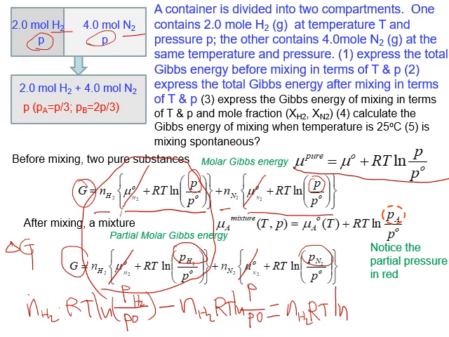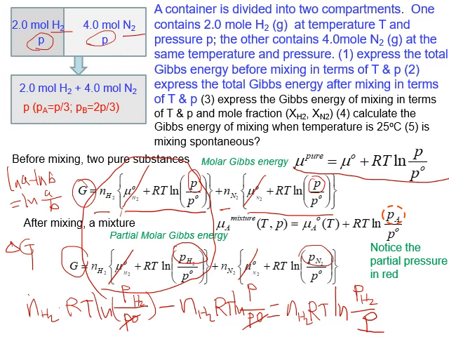Now natural log A minus natural log B equals natural log A divided by B. And so when you divide, the standard states cancel each other. So you get hydrogen partial pressure divided by pressure. This pressure is the pure pressure, the hydrogen pressure before mixing.